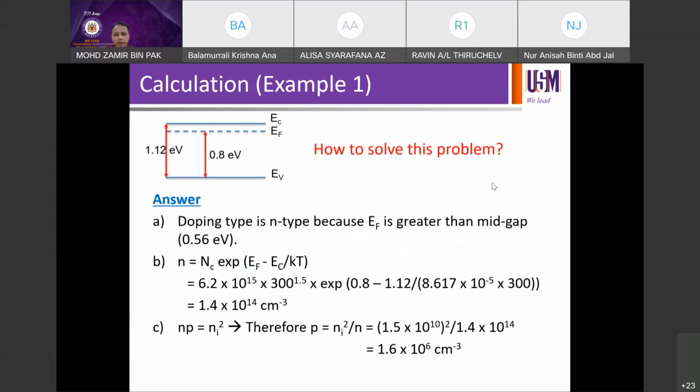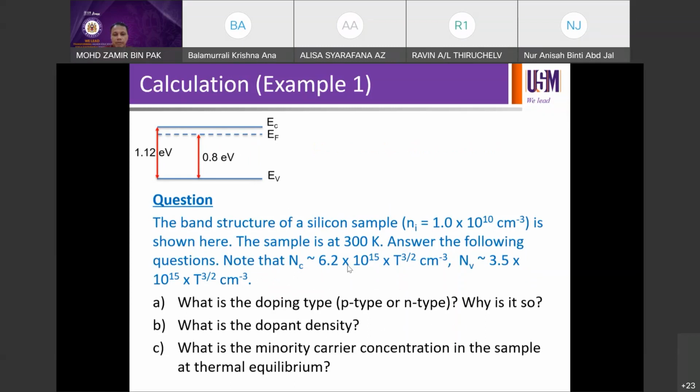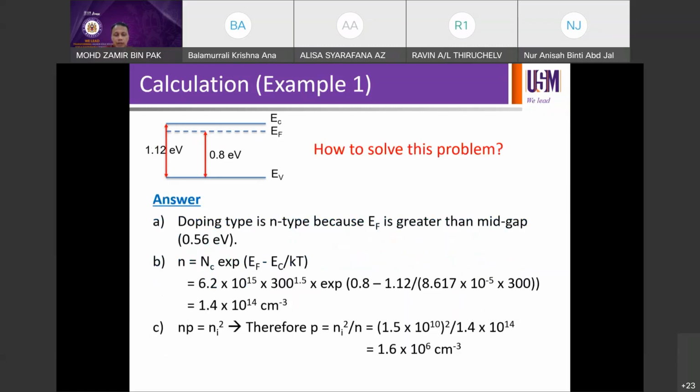So it's given already, right? You can just see from here, the equation is already given. We discussed last time, the density of free electrons equals NC exponential of EF minus EC over KT. Your NC is already given, 6.2 times 10 to the 15 times T to the power 1.5. So you can just plug in the value given, 6.2, and T is known, 300 Kelvin, exponential EF.